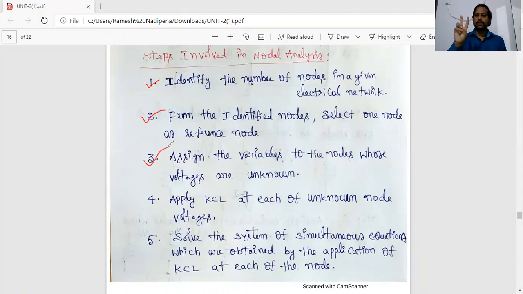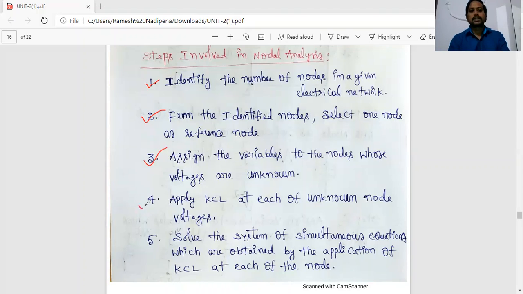One node should be grounded, so now 2 nodes remain. This is the first node, this is the second node. I'll assign V1 for this and V2 for this. These are unknown voltages. I'll explain in detail through a numerical, don't worry.